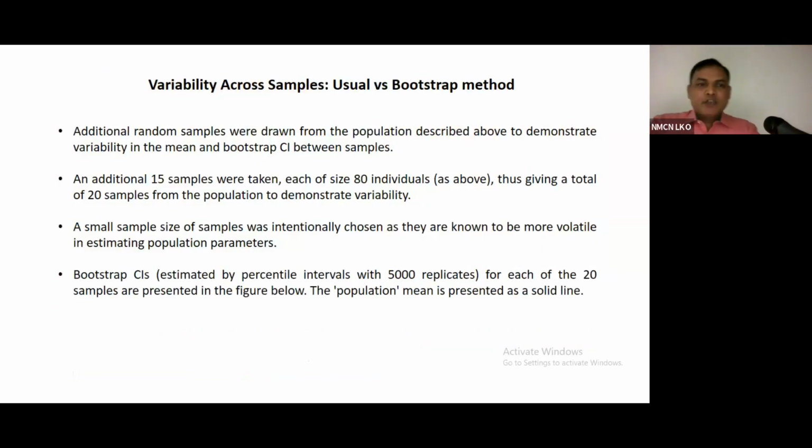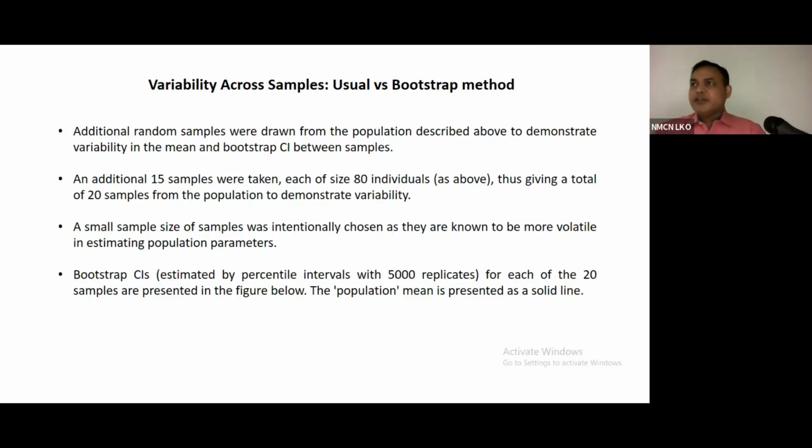Now, to measure the variability across samples, we drew an additional 15 samples so that it becomes a total of 20 samples of the same size 80, and then we replicated this 5,000 times.